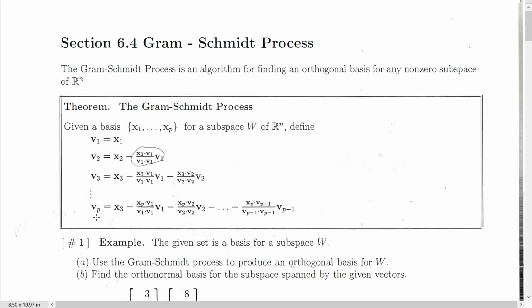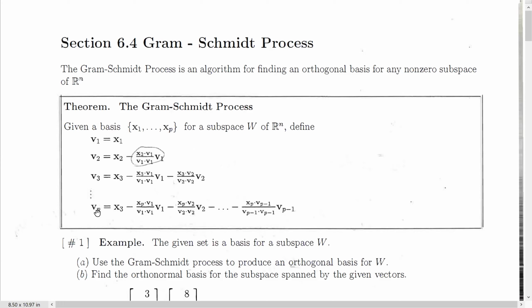The only thing that we need to remember is that we are given linearly independent vectors, or in other words, a basis. A basis is vectors that are linearly independent and that span the subspace. So if we have linearly independent vectors that span a subspace, we can create an orthogonal basis.